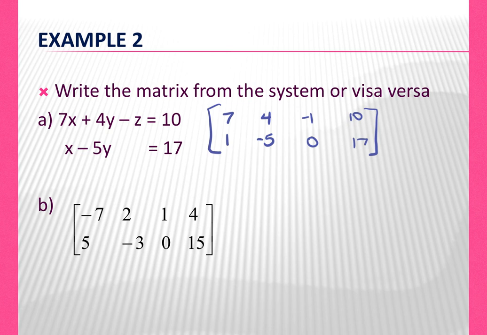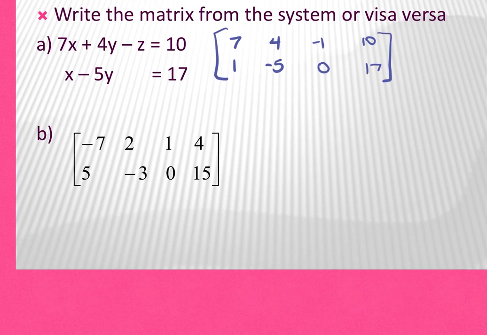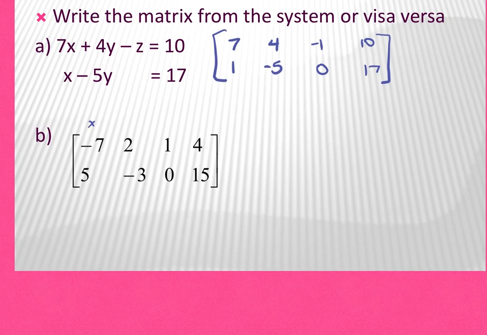Could we get more than 2 equations? Sure. Yep. All right, B now goes in the reverse order. So here's the matrix. Remember, it is variable, variable, variable, and the last one is constant. So it would be x, y, constant; x, y, z, constant; x, y, z, w, constant if there was 5.